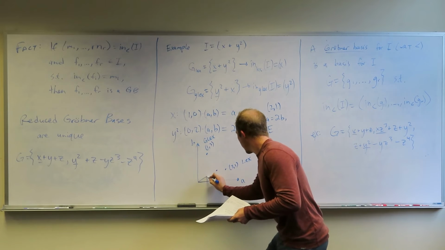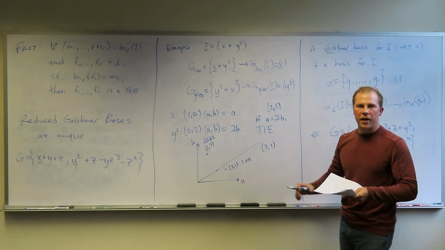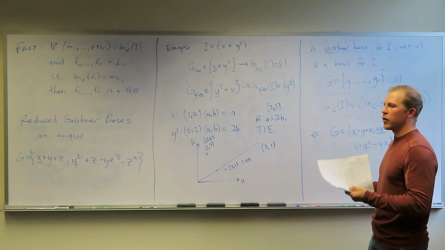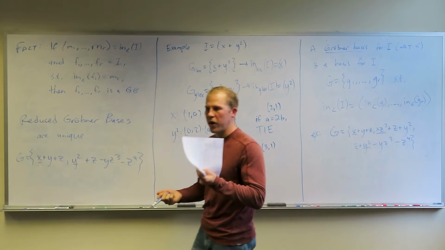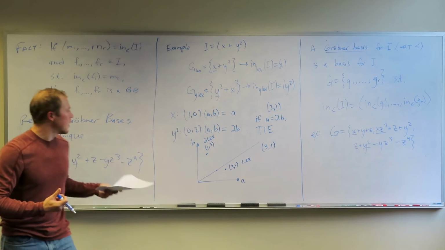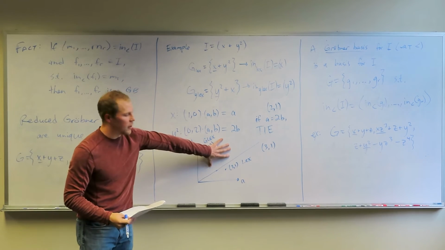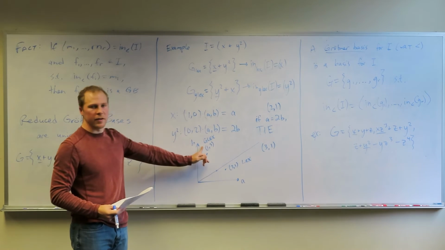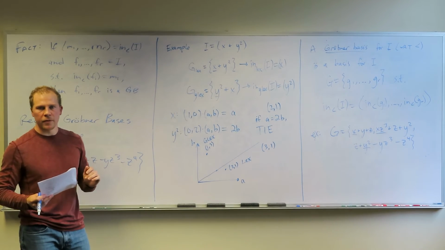And so, drawing this whole line, everything on here is bad. It's going to give me a tie. It's not going to resolve this question of is x bigger than y squared, or y squared bigger than x. But anything up here will resolve it in the g-lex case, and anything over here will resolve it as a lex case.